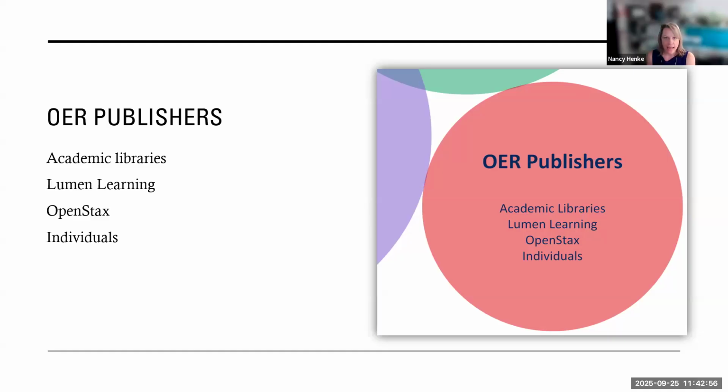They create a lot of fantastic OER especially for kind of lower division type core courses. But also individuals can be their own OER publisher without the help of an academic library, right? An individual could have a Manifold account and create an OER and use it in their class and publish it and have it in repositories, right? So an individual might be their own publisher.